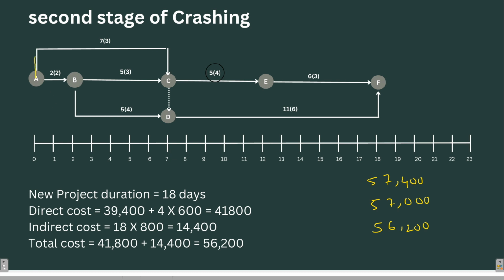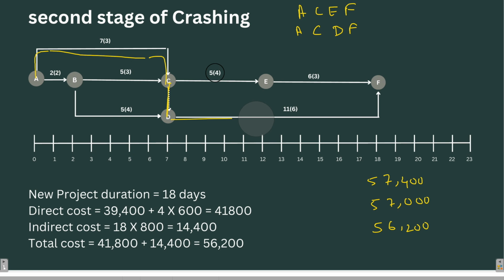First path is A, C, then E, F. Next critical path is A, C, D, F.